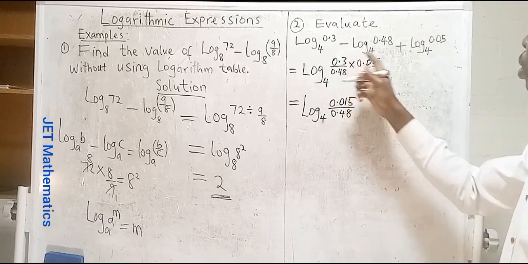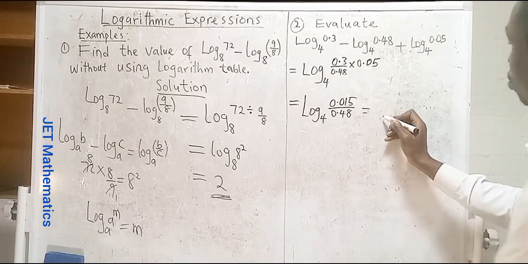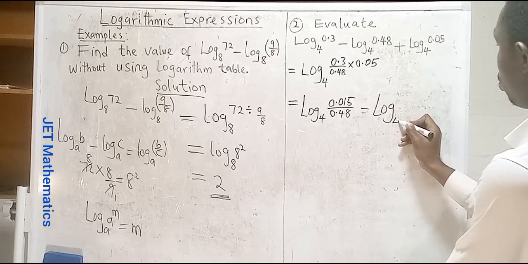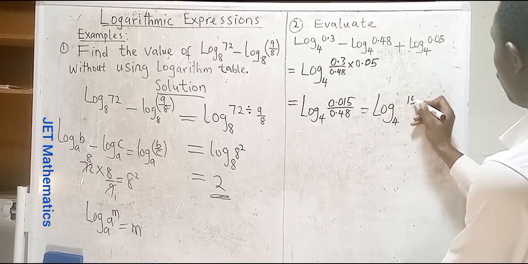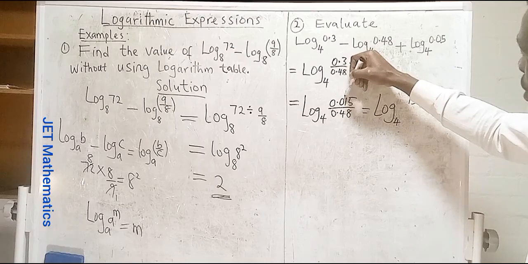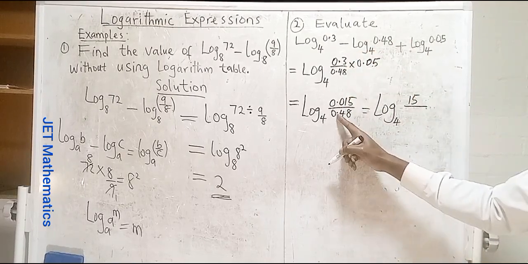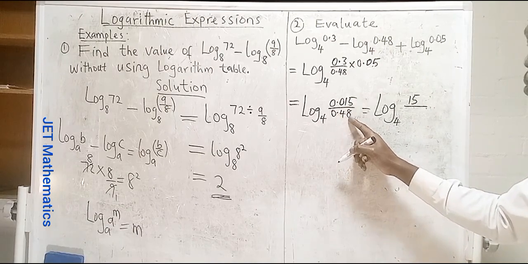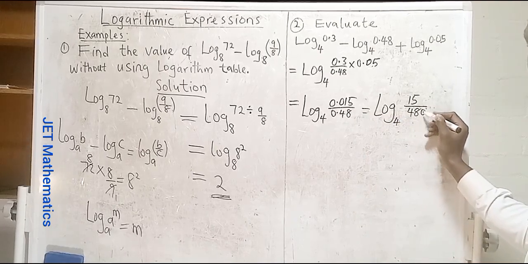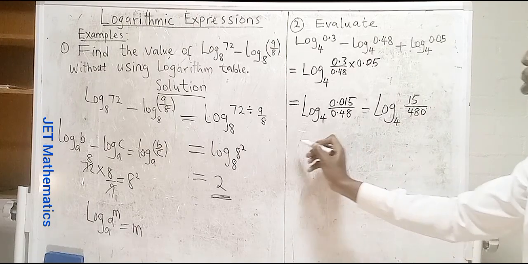Good. So this times this gives us this, and then over 0.48. This can be written as log to base 4 of 15. If I move the decimal point 3 steps forward, 1, 2, 3, I'll get 15. If I also move this one 3 steps forward, 1, 2, 3, I'll get 480.